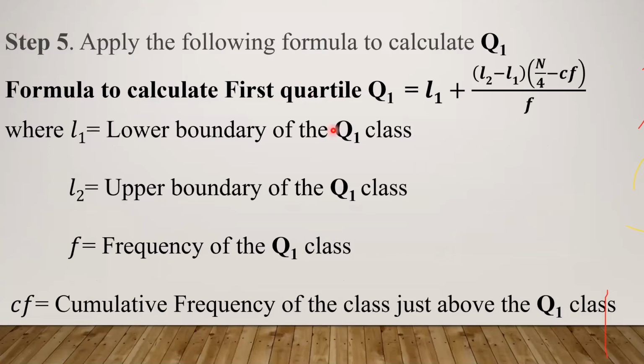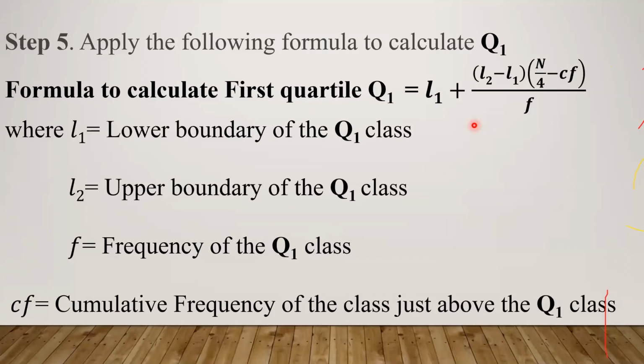This is the formula to calculate Q1. What is the formula? Q1 is equal to L1 plus, in a bracket, L2 minus L1, in another bracket, n by 4 minus CF divided by F. You can see the similarity between this formula and the formula for median of continuous type of data. You remember that formula?